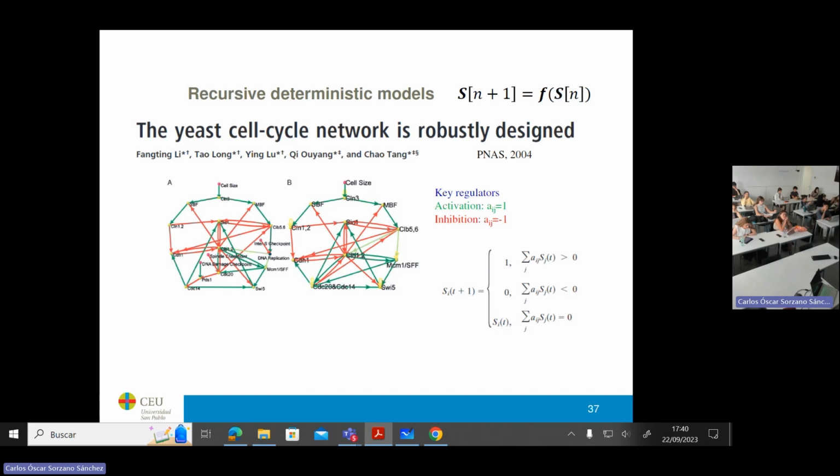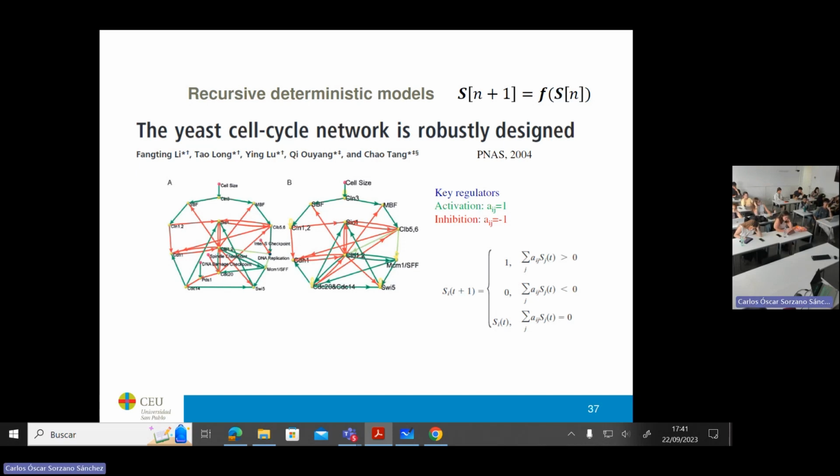It is deterministic because if you know the state at time n, you know how to calculate the state at time n+1, and that will be a function that controls that. And this function can be as simple as this one. You take the current state.